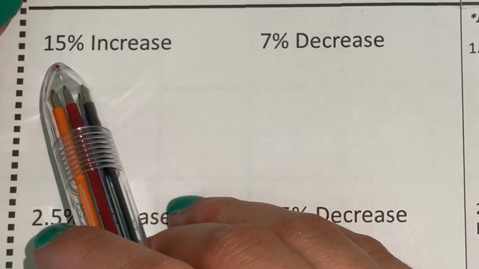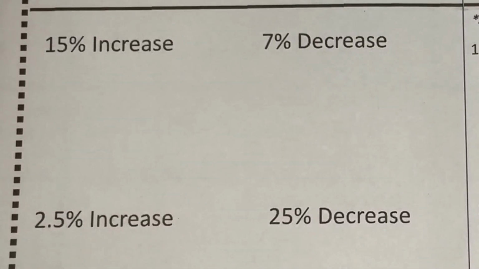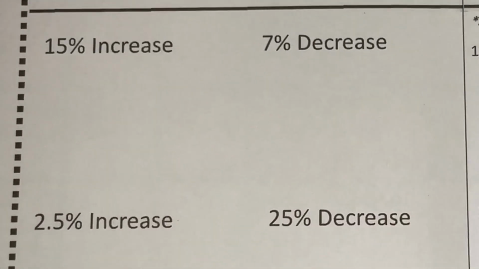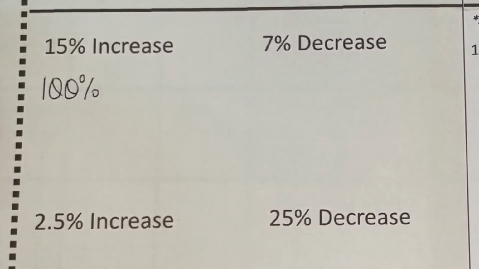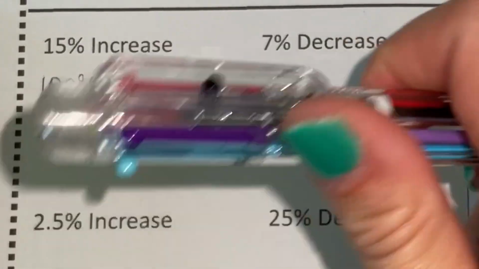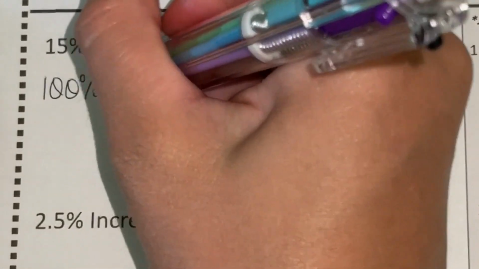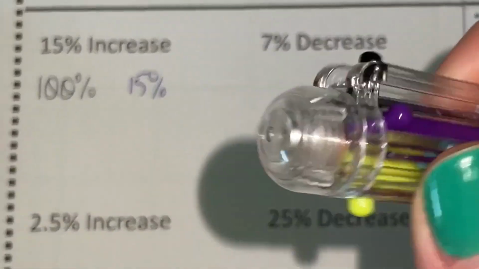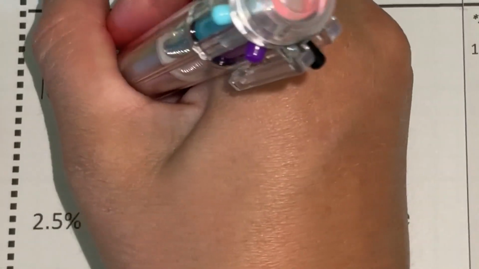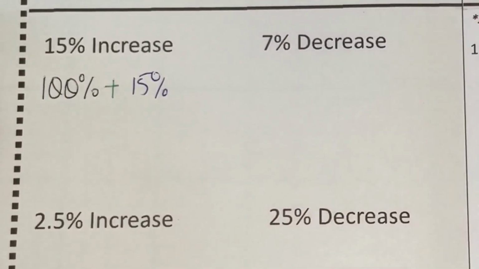So looking at this first one here, we have a 15% increase, okay? So what that means is we are going to take 100% and we're going to increase that by 15%, right? So we got that 15%. Now, if I'm increasing by 15%, that means I'm adding, okay?